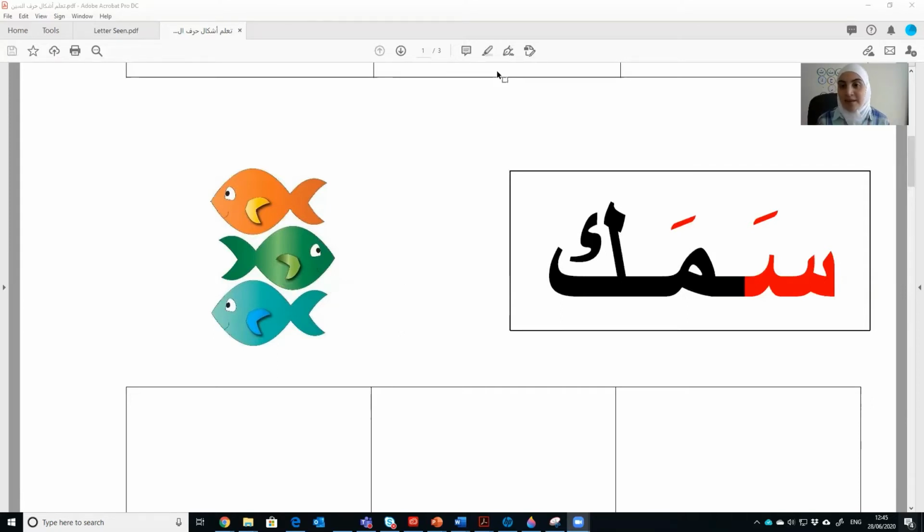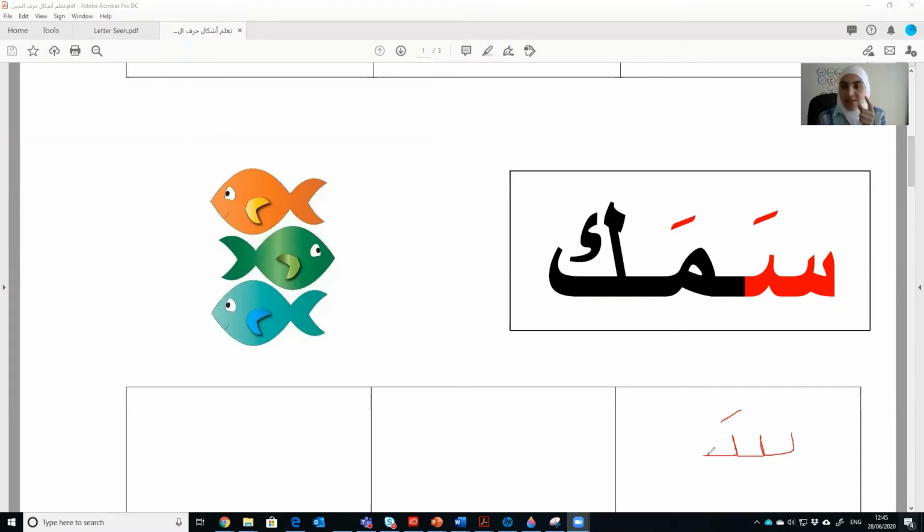Brilliant. سمك. Now I'm going to analyze this word to find حرف السين. Let's look how does حرف السين look like in this word. س. Look, حرف السين here comes at the beginning of the word and has one hand. What does this form have? One hand, yes.